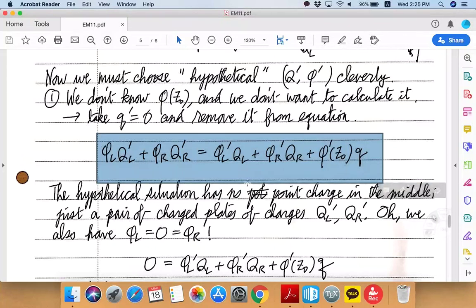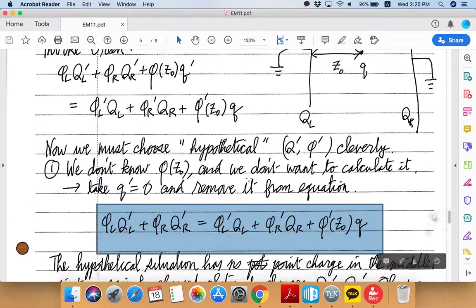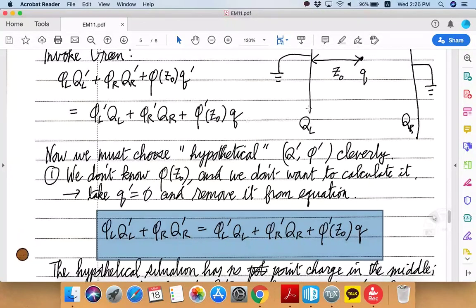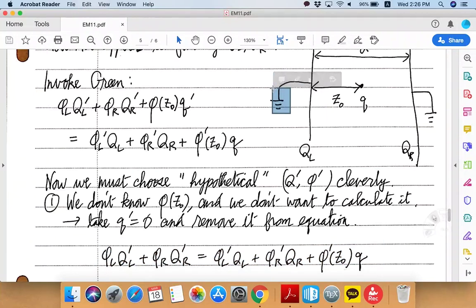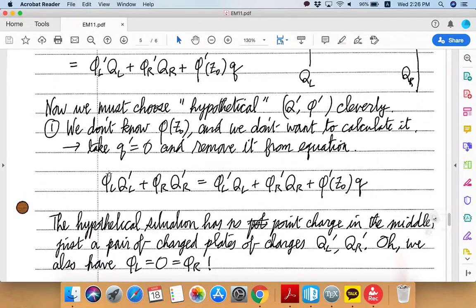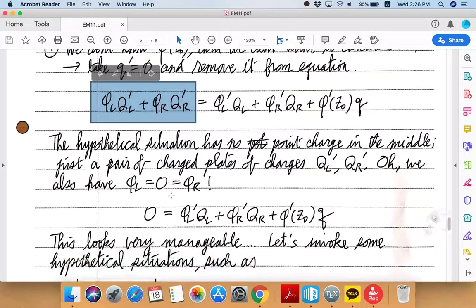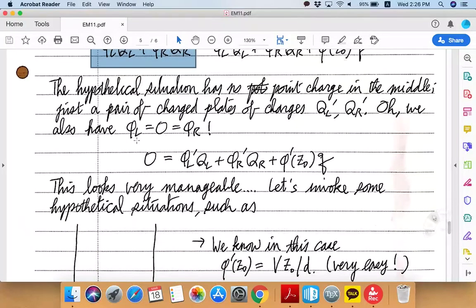But wait, actually, we can make this even simpler, because in the real setup that we had in mind, both of these metallic plates are grounded. So that means phi L is 0 and phi R is 0. So everything on the left-hand side is 0. Okay, so now we have an even simpler equation to deal with, like this.